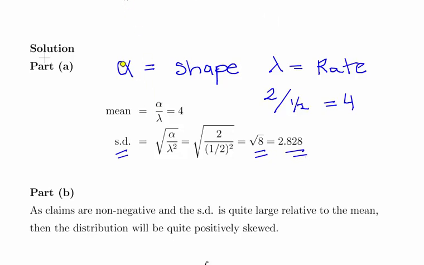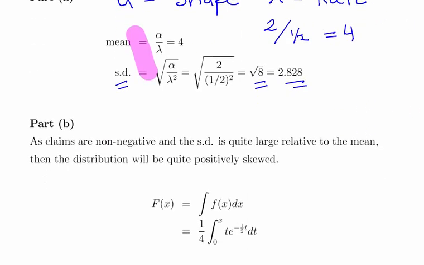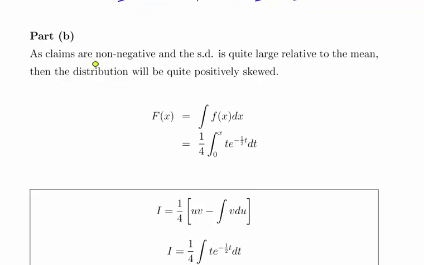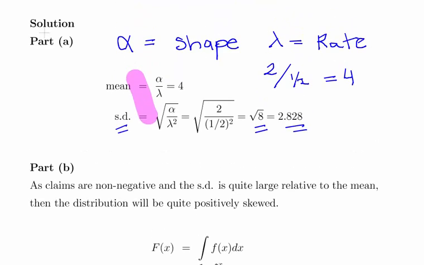Okay, so that's straightforward enough, really. This is just knowing the shape and the rate parameter and knowing the mean, the variance and the standard deviation. Now, usually I would go into more detail on those, but this is quite a long video. Just to comment upon that, and this is actually part A: as the claims are non-negative and the standard deviation is quite large relative to the mean, the distribution is going to be quite positively skewed.